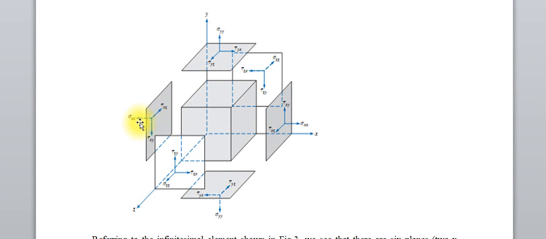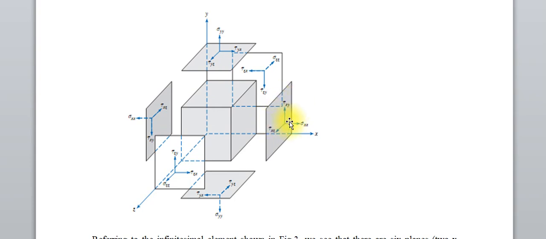This one, sigma zz, tau zx, tau zy. Okay, and you can see the others.